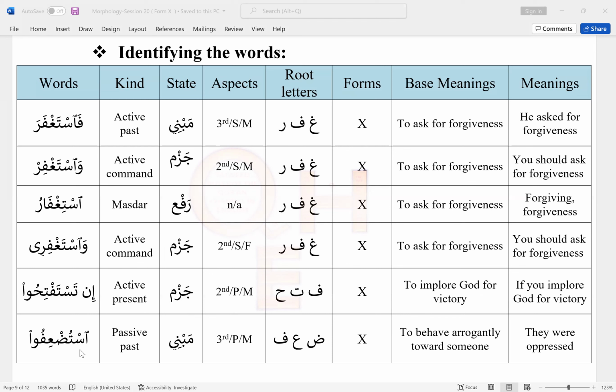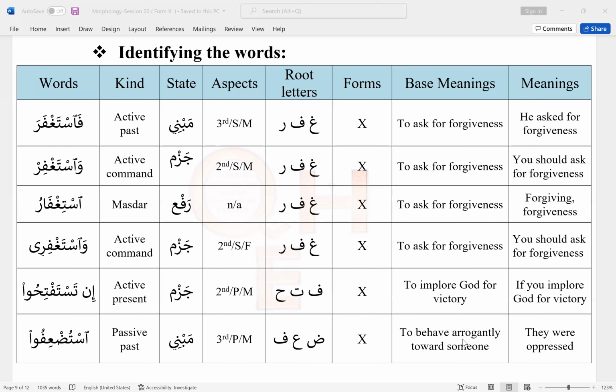ustud'ifu. What does it match with? Ustunsiro. So this is passive past tense, mabni, and because we have waw and alif at the end, that means this is plural. So this is third person plural male. Dad, ain, fa are the root letters.